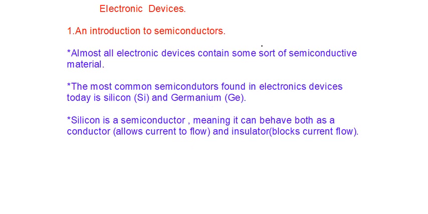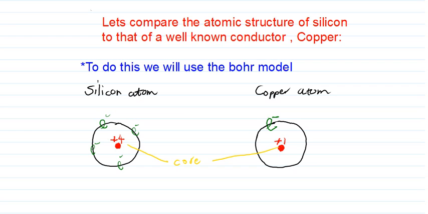So continuing with the lesson, let's go further. Now we are going to compare the atomic structure of silicon to that of copper. We want to show you what makes copper more conductive than silicon.